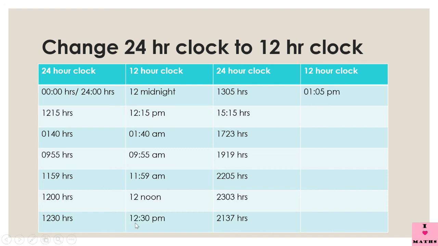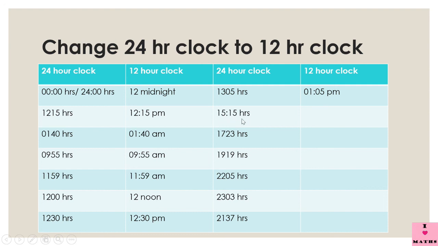So the time would be 12:30 PM. 13:05 hours. Now this is the time when we will have 1 o'clock. So 5 minutes past 1. So this will be written as 1:05 PM.